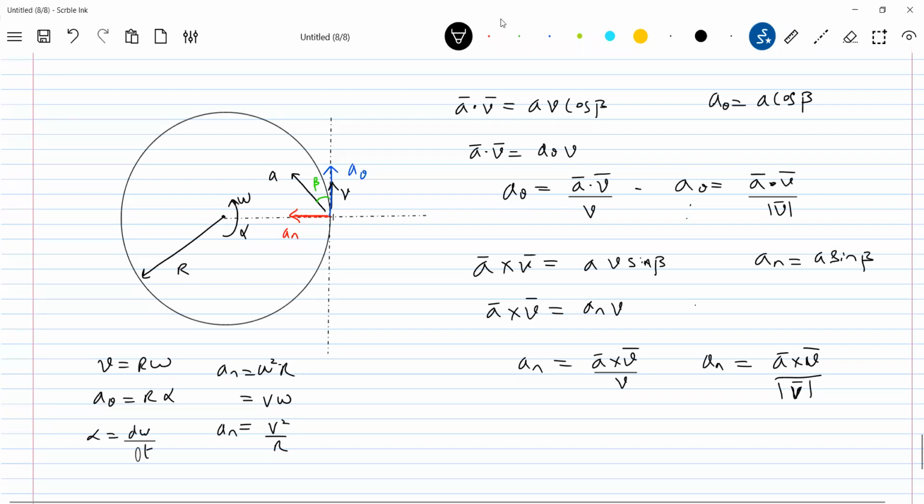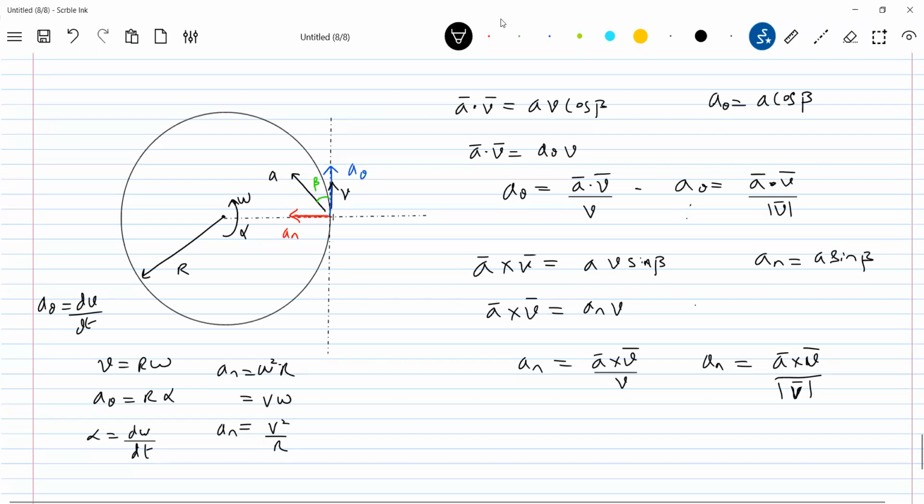D omega by dt. And what is A tangential? A tangential is the rate of change of speed. So you should just be familiar with the symbols here.